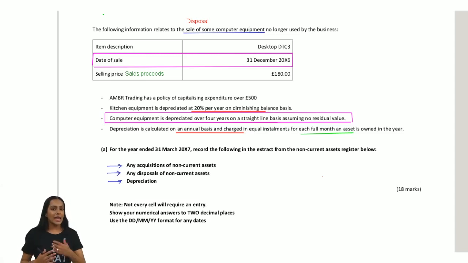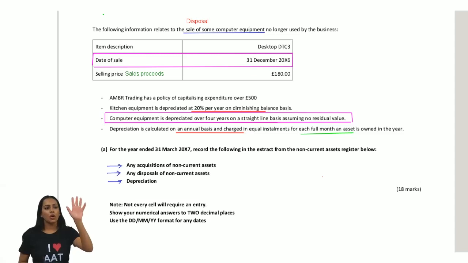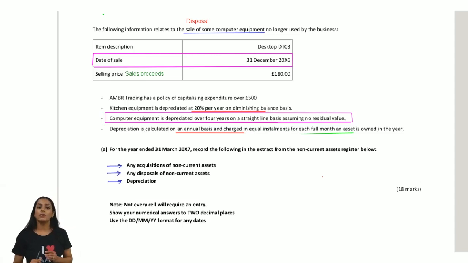So for the year ended March 2017, you've owned the asset for April 16, May 16, June 16, July 16, August 16, September 16, October 16, November 16 and December 16. So you have owned the asset for a full 9 months before you've disposed of it. So you can only apply 9 months worth of depreciation.